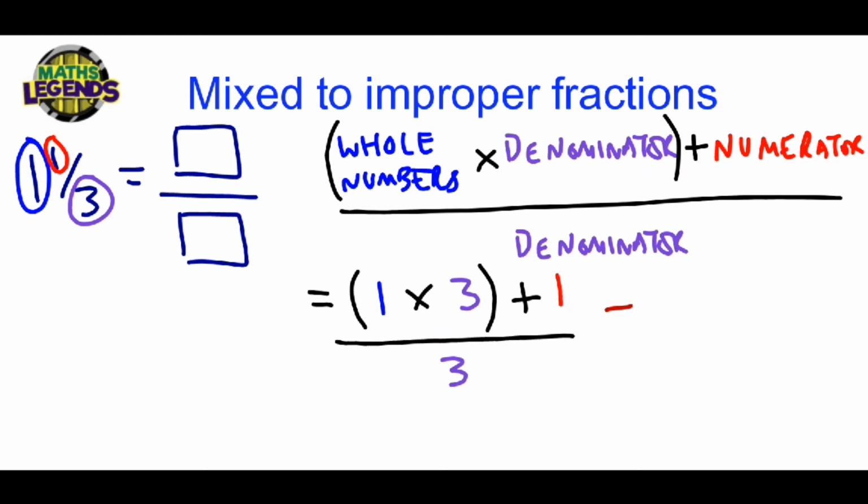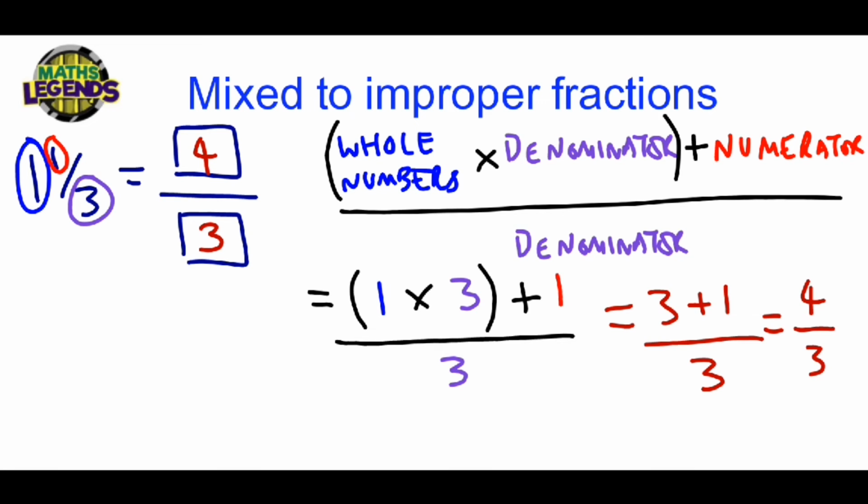We then simplify. So 1 times 3 is 3, plus the 1, all over 3. This simplifies to 4 over 3. A lot quicker than drawing boxes to begin with. So this formula is very helpful in speeding up this calculation.